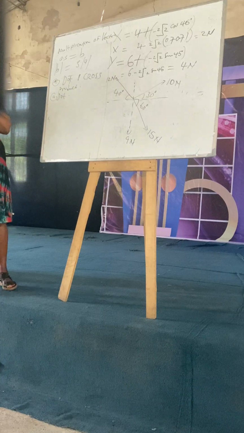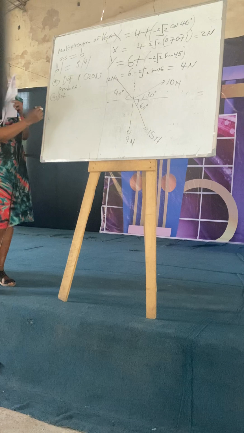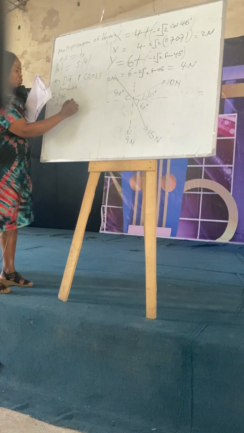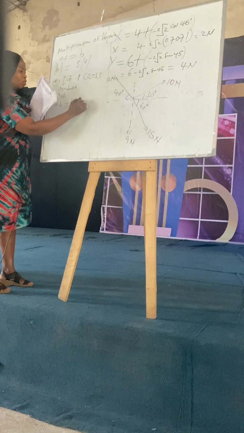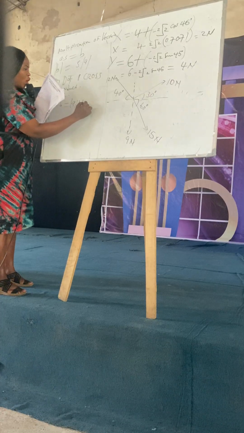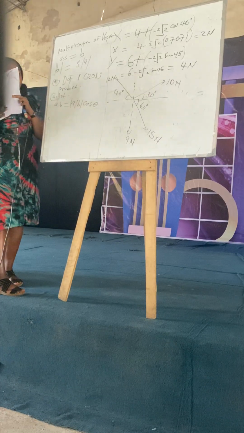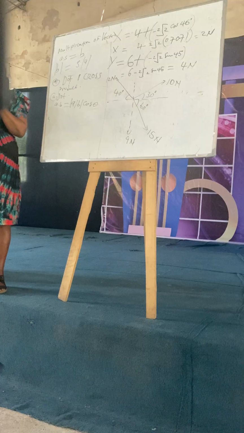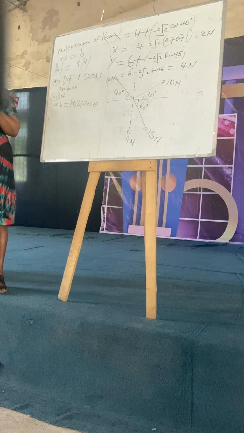The dot product of A, if you have two vectors A dot B, is defined as the modulus of A times the modulus of B cos theta. This is the definition of the dot product. The dot product is also known as the scalar product.